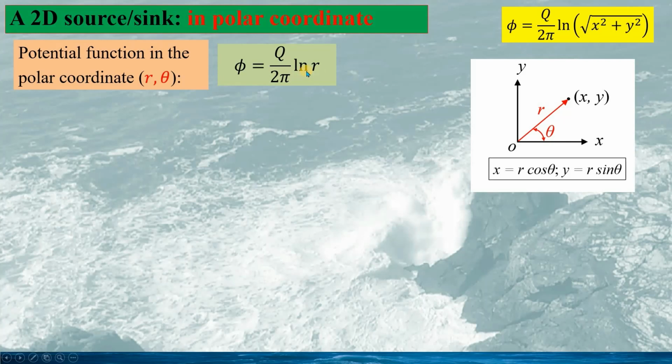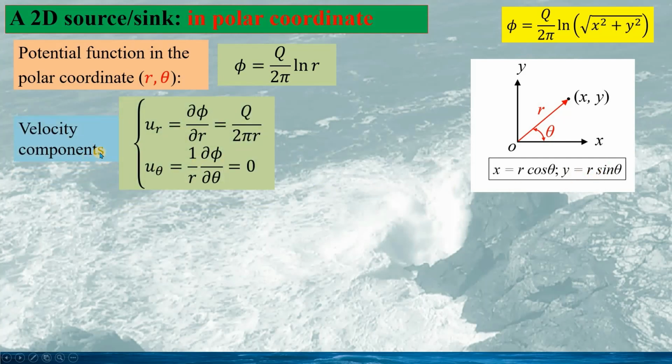Here, in the polar coordinates, we use r, the distance from the origin to the point, and theta, the azimuth angle from the x-axis, and the relation between the polar coordinates and the Cartesian coordinates x, y is given as this. And for the velocity component, we calculate ur, given as this.